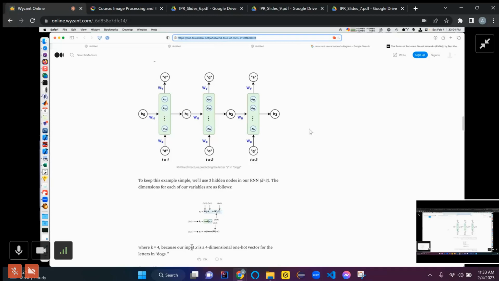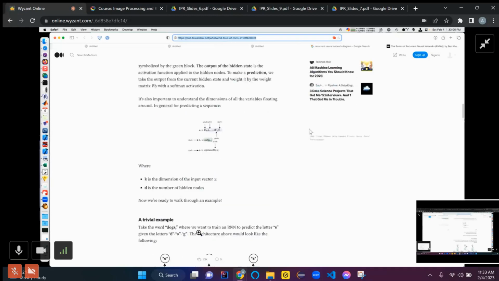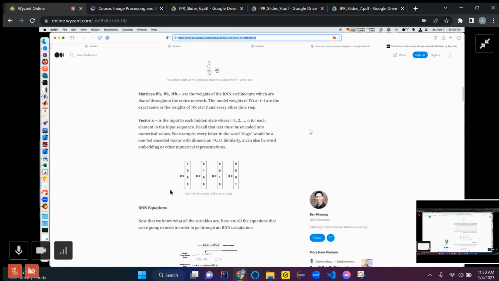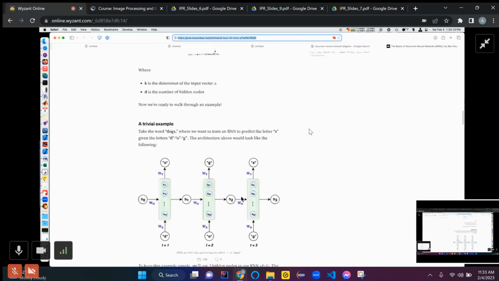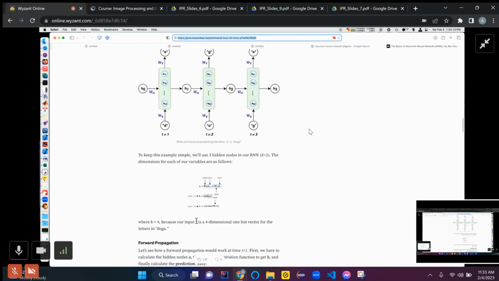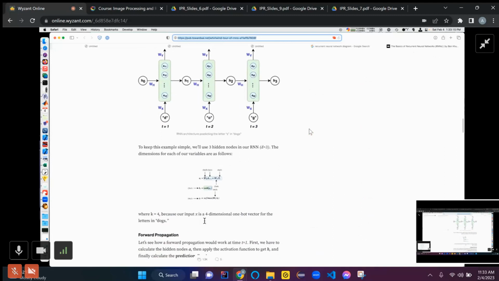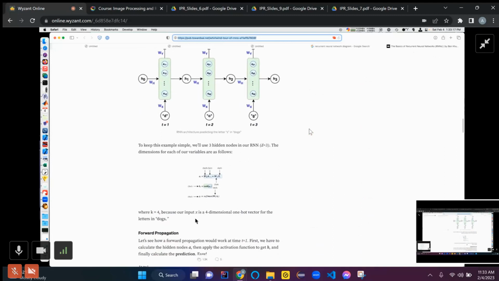In this example they have 4 letters, DOGS, and they're encoding those letters as ones or zeros.